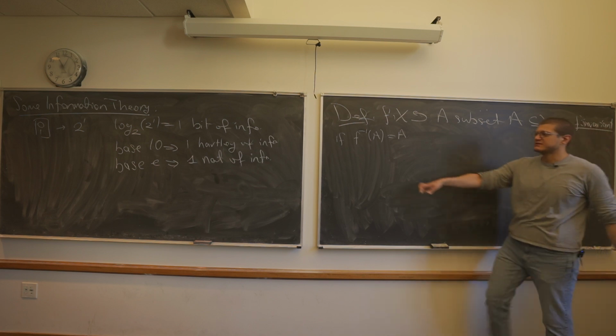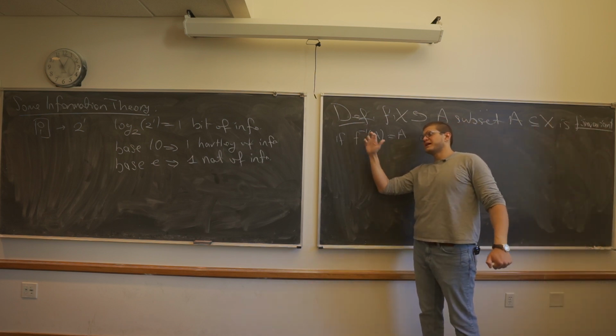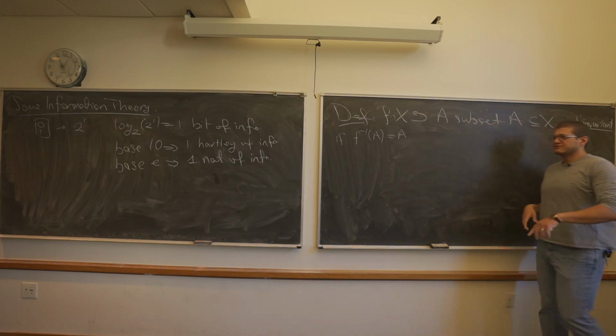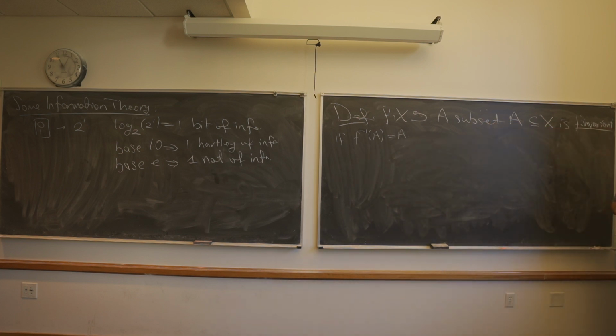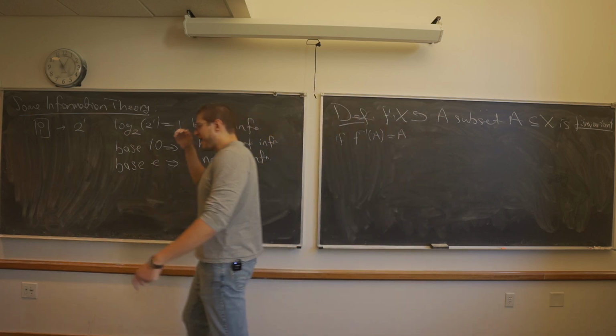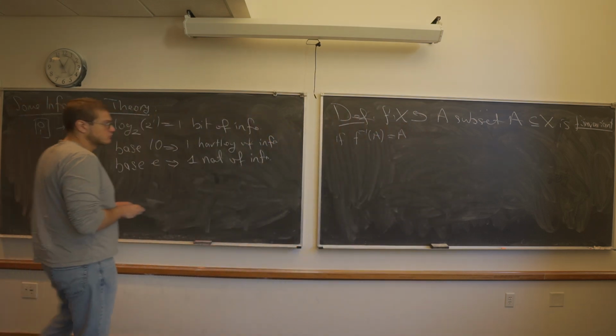Recall that this doesn't mean that F is invertible. I'm not applying the inverse of F. So this is by definition the set of all those points that land on A in time 1.